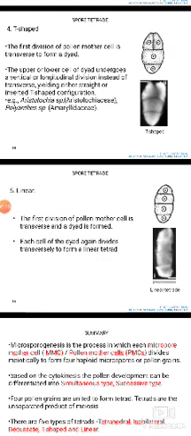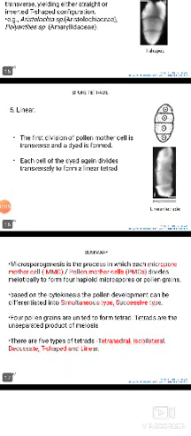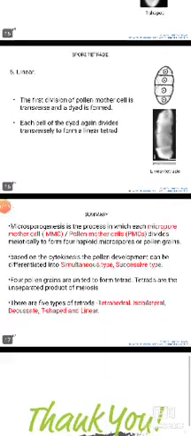Four pollen grains are united to form a tetrad. Tetrads are unseparated products of meiosis. There are 5 types of tetrads, namely tetrahedral, isobilateral, decussate, T-shaped and linear.